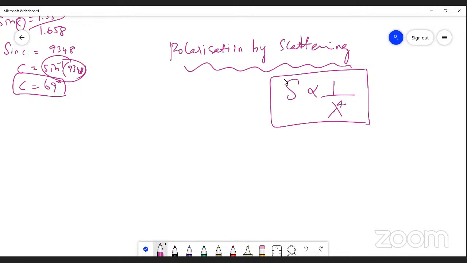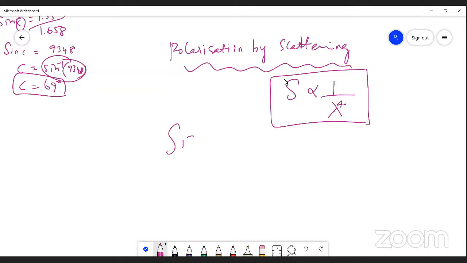If the wavelength is maximum, scattering is minimum. If the wavelength is minimum, scattering is maximum. Am I right? A very important condition for scattering is the size of the scattering particle. The size of the scatterer should be comparable to the wavelength of light.